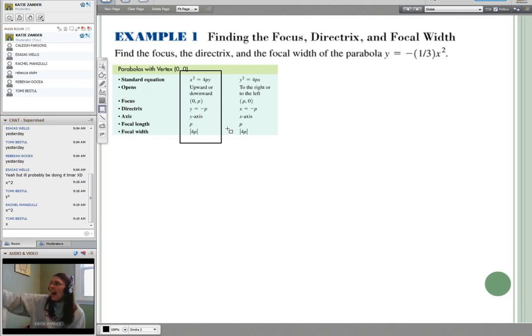Now, that is not the same. This equation that's in our box right here in the column is not the same as how it's written up here, because this looks like it has an x squared isolated. So let's rewrite this so it looks like this one. How do I rewrite this equation so that that x squared is isolated?